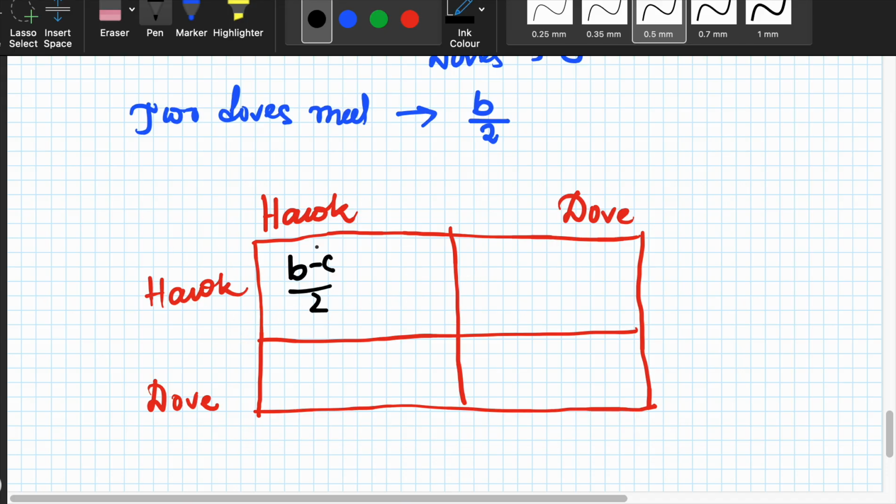Hawk against hawk, the expected payoff is B minus C by 2, and hawk against dove is B, and dove against hawk is 0 because it will retreat, and dove against dove is B by 2.